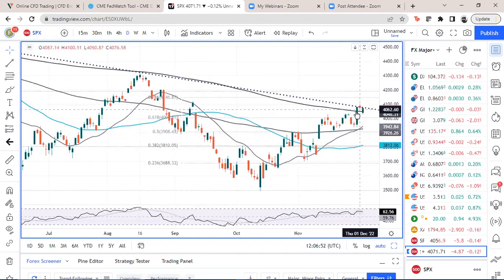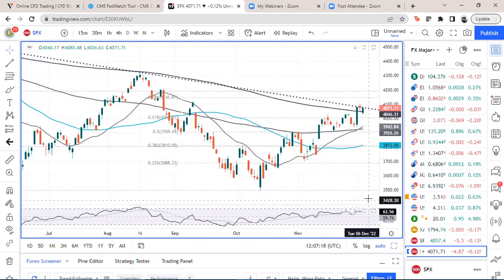If we do break above here, then we've got a couple of levels. We've got a near-term fib level around 4,146. Then we get up to the late August highs at 4,200. Before then, the mid-August high, around 4,325.